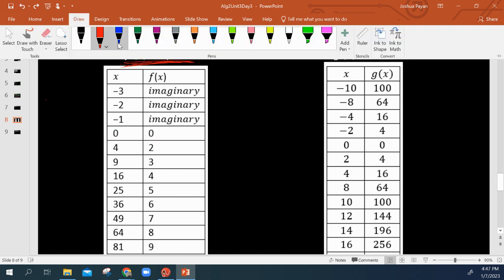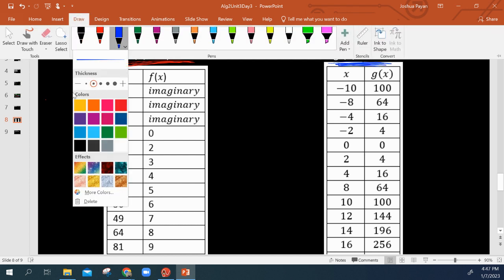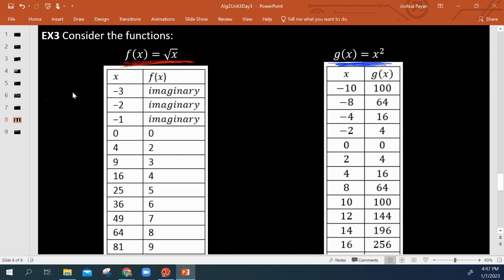However, if we look over here at g of x, g of x equals x squared, what do we see? Well, all the way going down, if we just continue, the first time that we have a repetition is between -2 and +2.